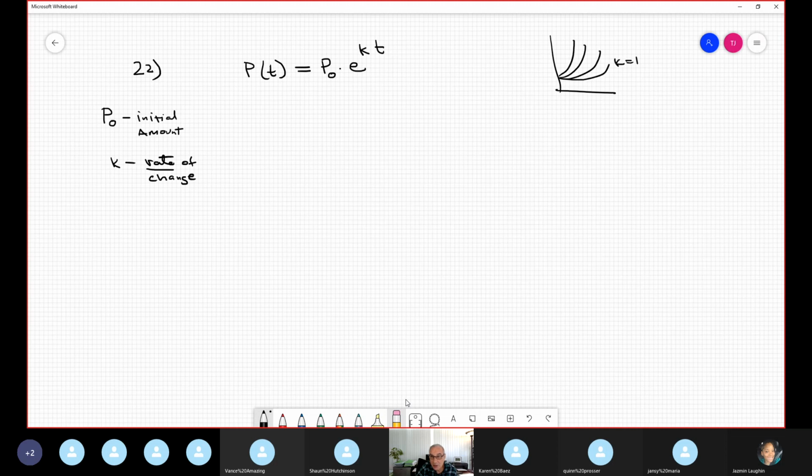Suppose k is 1, k is 2, k is 3. As k increases, it's obvious that the exponential increases faster. This is time and this is population. But k is not given in the problem. I need to find it.